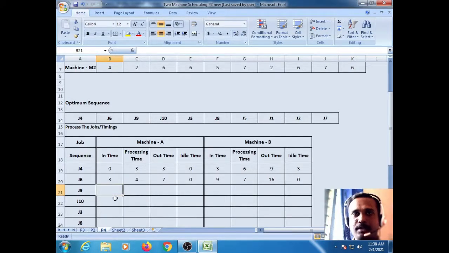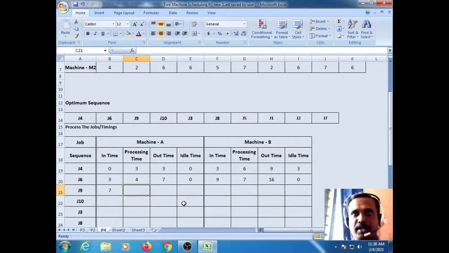Okay, the next job 9 we have to process according to the job sequence. For job 9, what do we have to take here, this out time or this out time? 7 is here, 16 is here. The previous job on machine A was completed at 7th hour. Immediately we can start the next job at 7th hour. So that's why I have to take this 7th hour as the in time for the next job.